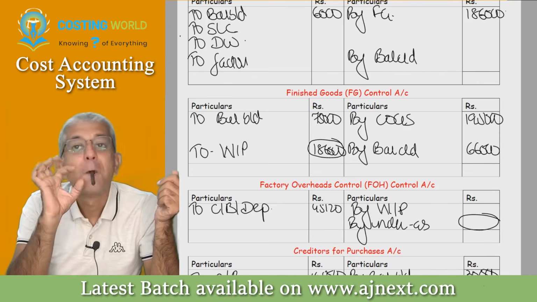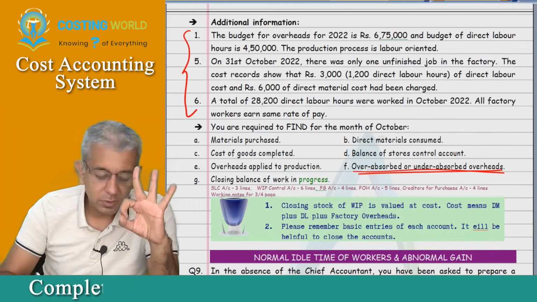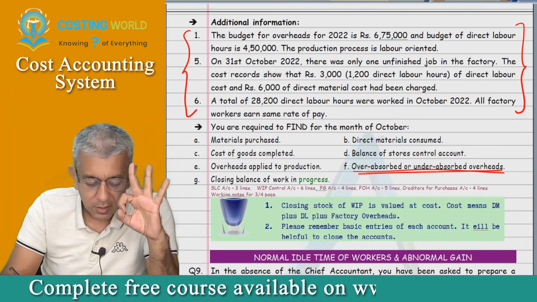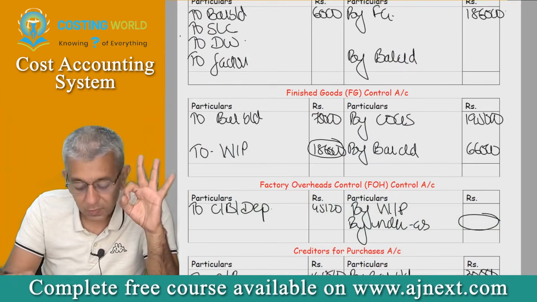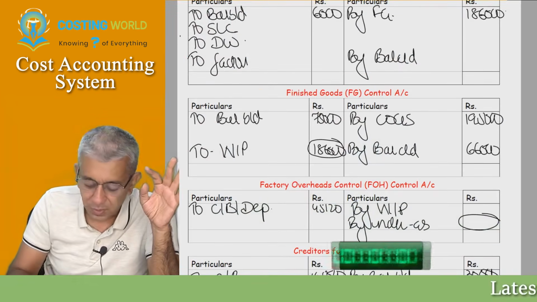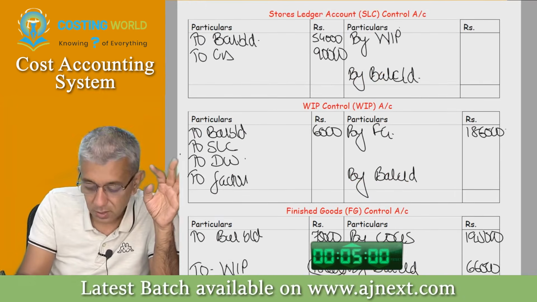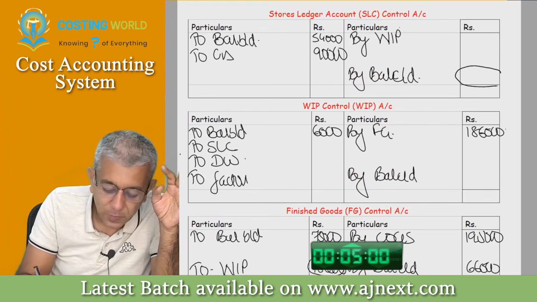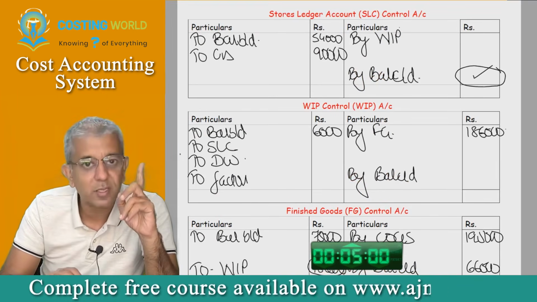Okay, yes sir. Now you have got 3 entries, 3 adjustments pending, and 3 accounts pending, and you will have got 5 minutes. If you all do everything correct, this will be the last balancing figure that will come out. If this figure is correct, that means everything is correct.